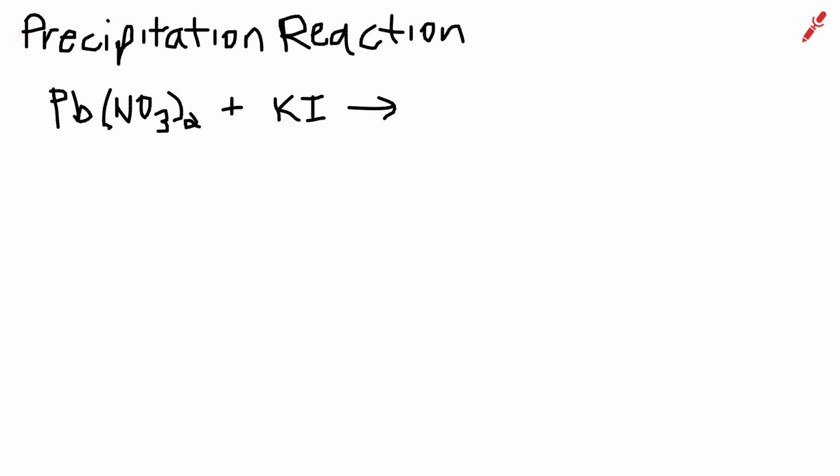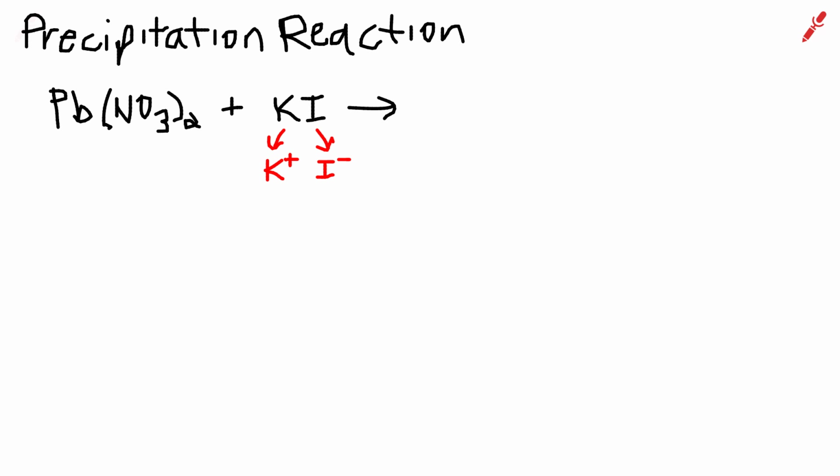If you don't have the right formula, this isn't going to work out very well. Step 2 says identify the cations and anions and their charges. KI might be an easier one to start with. We know that K is a +1 and that iodide is a -1.